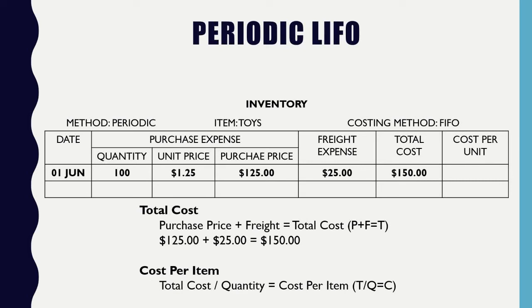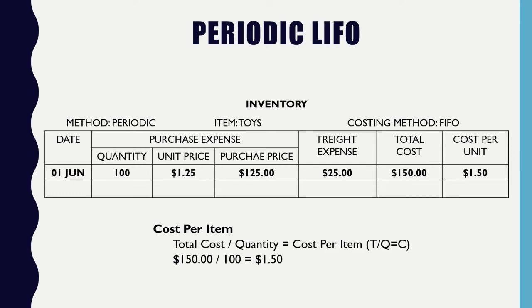Then we need a way to separate our batches by determining how much it costs to sell each batch. My total cost was $150 and my total quantity is 100, so $150 divided by 100 gives $1.50 as my cost per unit. That's my very first batch.